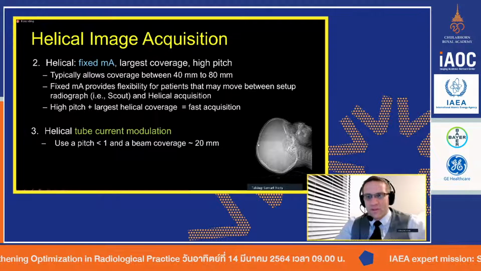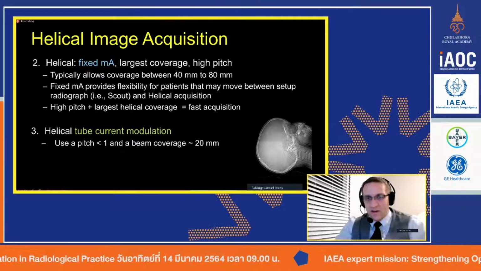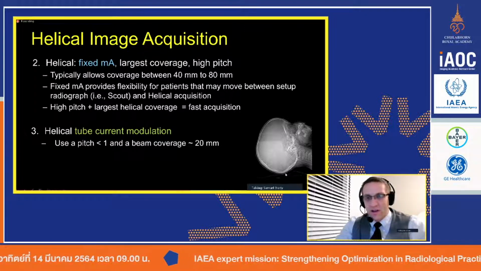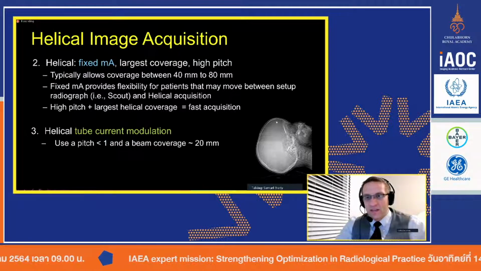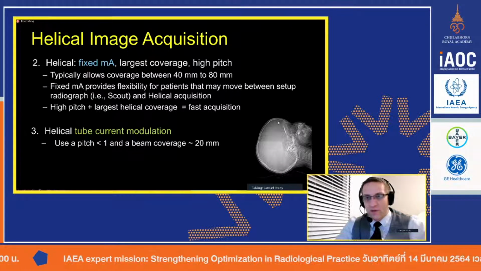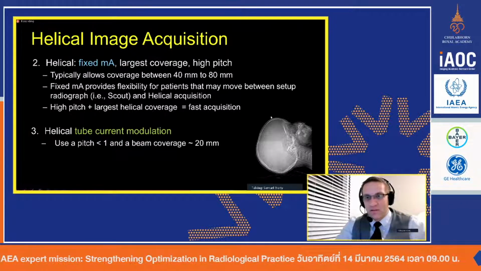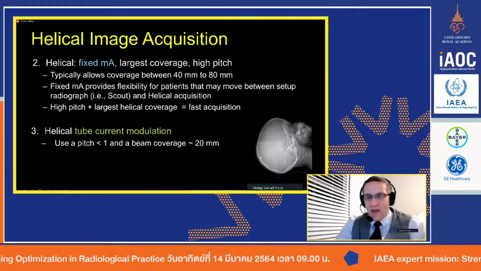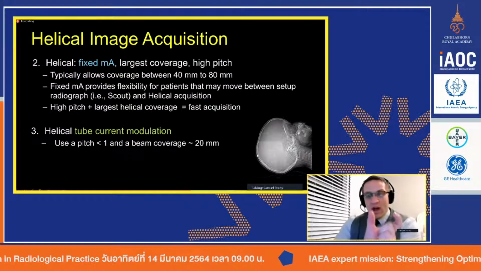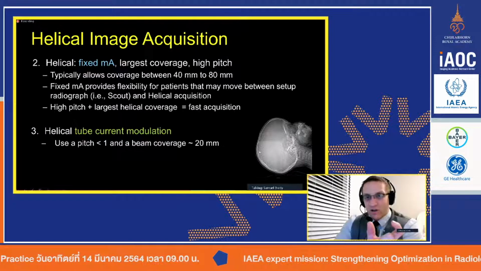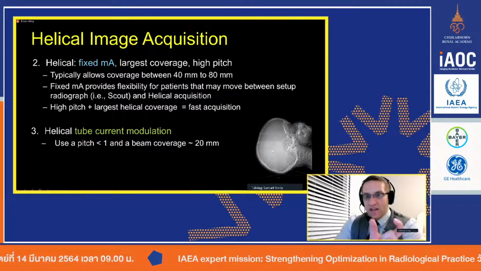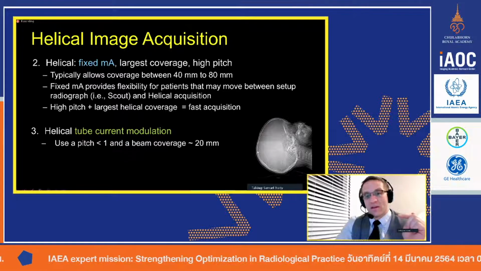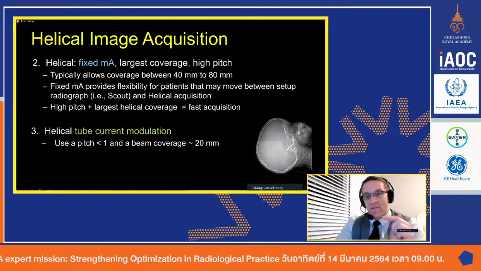And so when the system is going through and measuring the thickness here and the thickness here and the thickness here, and of course this is the thickest right here, it's going to be calculating the MA needed to penetrate to give you the right image quality. And so it's going to need the most MA through the thickest portions and the least MA through the thinnest portions. If you are using a wide beam, let's say a larger area coverage, and a fast pitch, the system cannot change the MA going from low MA to high MA fast enough.